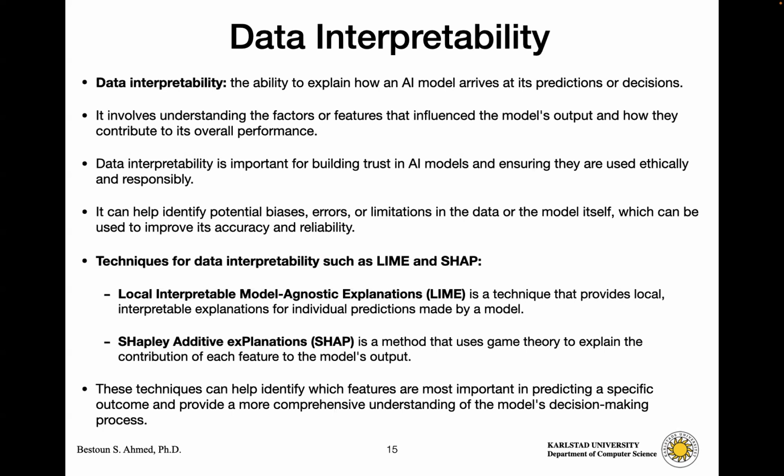This is very important to build trust. It's always good to give an interpretation for the decision, and it's also good for privacy, security, and reliability. There are many techniques. One technique is LIME, which provides local interpretable explanations for individual predictions made by the model. LIME and SHAP values are very important techniques.